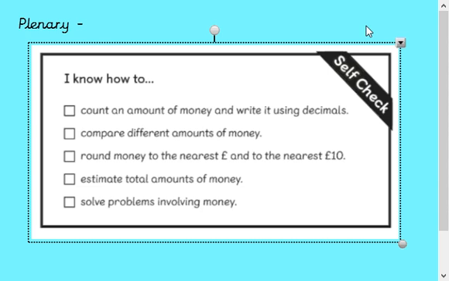I want you to think to yourself, let's just go back through my workbook. Can I count on an amount of money and write it in decimals? Can I compare different amounts of money? Can I round money to the nearest pound and maybe to the nearest £10? Can I estimate totals of money? And can I solve problems involving money?